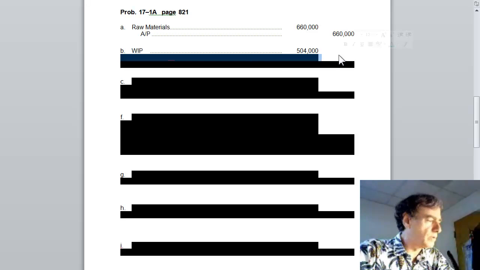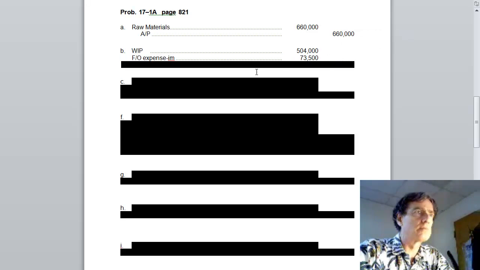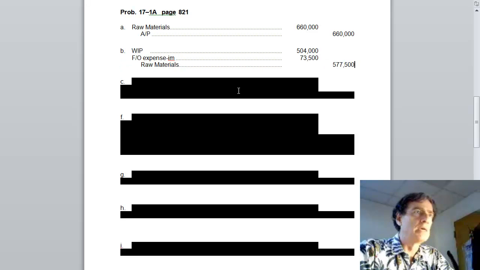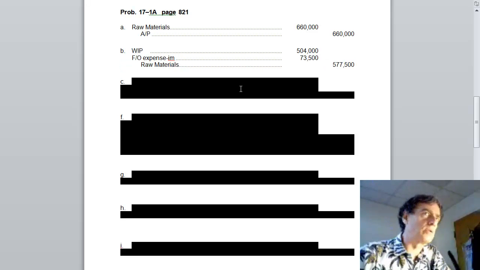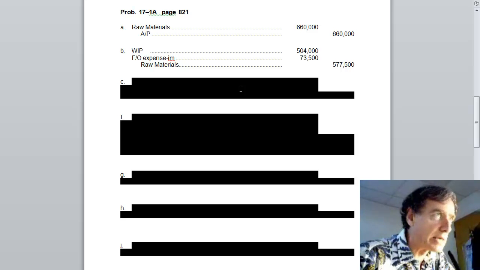So what's this deal with general factory use? FO expense dash IM. Debit that, which is the factory overhead related materials for 73.5, and the total of them, the 577.5, is what has left the raw materials inventory account, so you're crediting it.